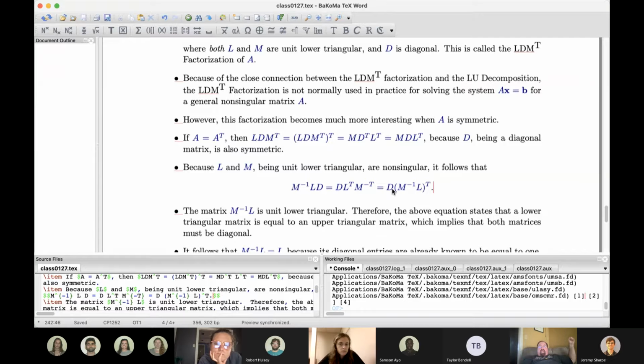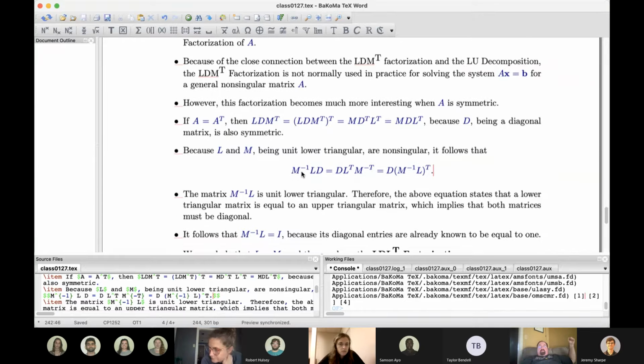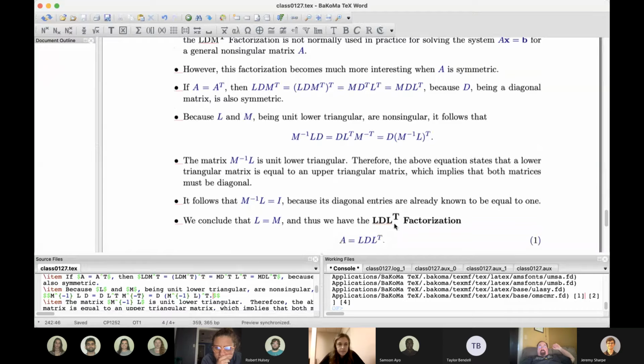D is already known to be diagonal. Therefore, M inverse L is diagonal. But we already know that this matrix is unit, so it's identity. Therefore, L is equal to M in the case where A is symmetric.